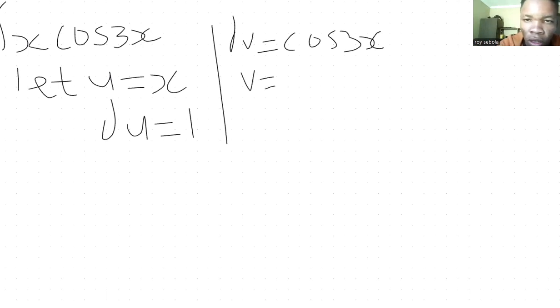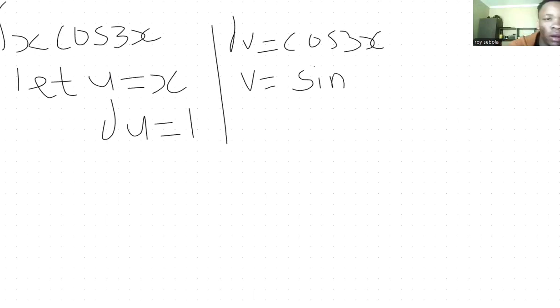When you integrate cos of 3x, you get sine 3x divided by the differentiation of the inside function, which is 3.